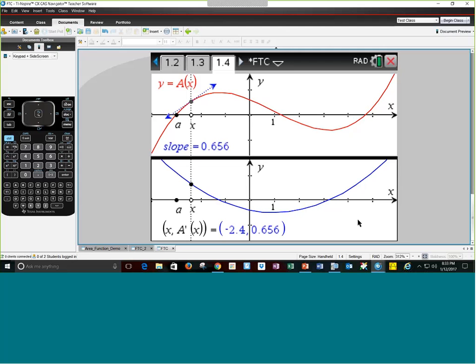And also with these documents, and when we say document, we have what we call the TNS document, which is the one that runs on the calculator or on your computer, which is what I'm using. But you also have a student document and a teacher document, and the student document has some really wonderful guiding questions.